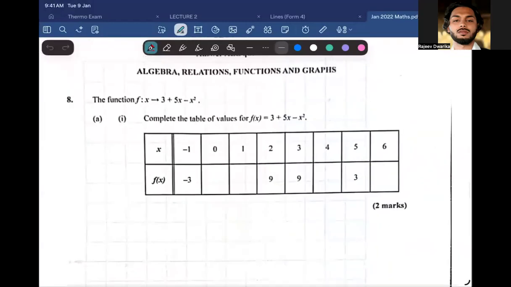Right, so I can't say we didn't do functions, because we did do functions. Ria, do you remember functions?